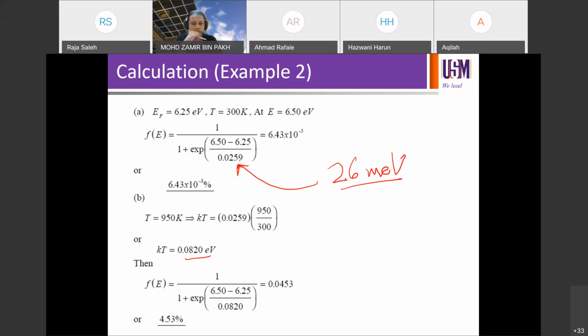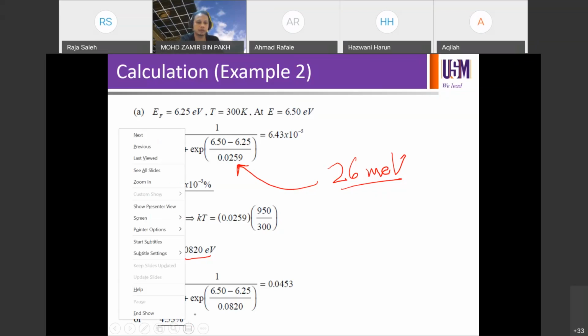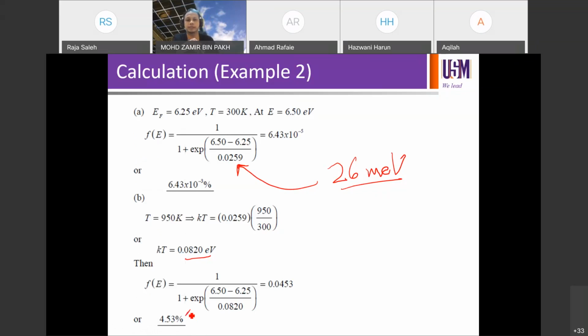Then we do the same thing, plugging all the parameters into the Fermi-Dirac distribution function: 1 over 1 plus exponential of 6.5 minus 6.25 over the new KT. That gives you 0.0453, which as a percentage is 4.53%. So what do you notice now if you compare part A and part B?